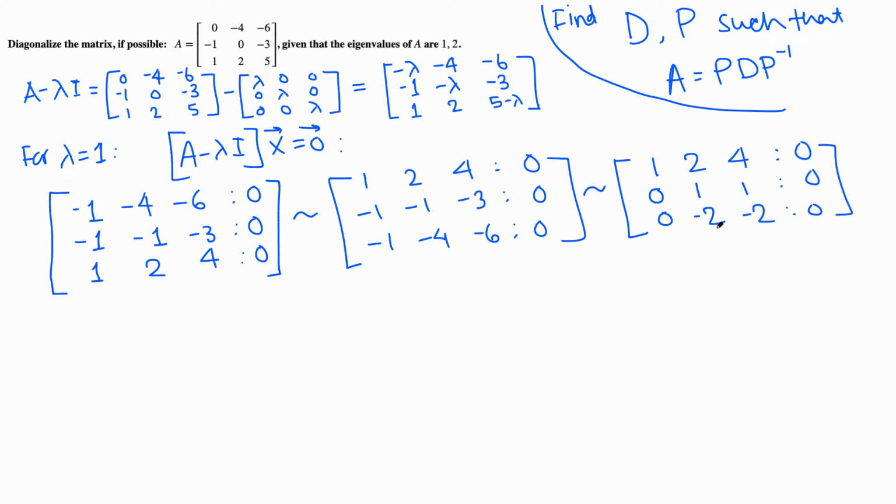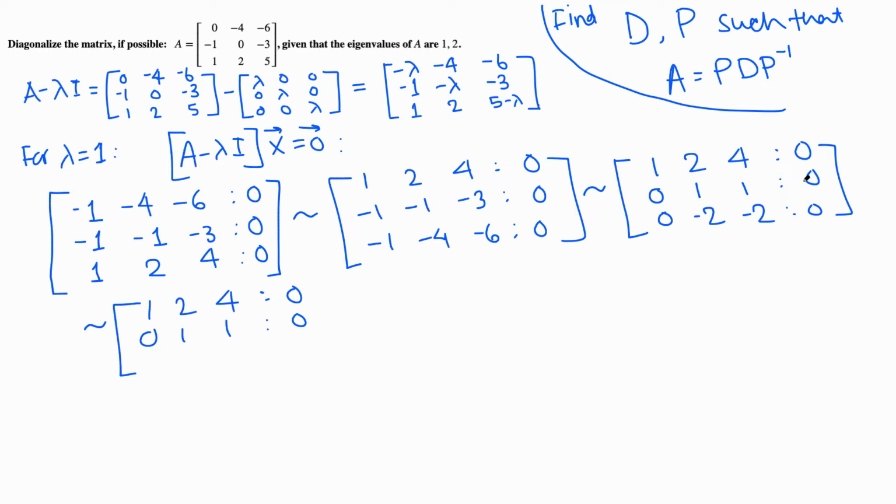Now we need to make this 0. Look at these two rows carefully. This is just -2 times this. If we multiply this by 2 and add with the third row, it's going to be 0 0. So this one is same as 1 2 4 0, 0 1 1 0.